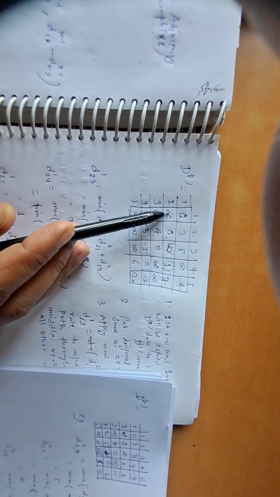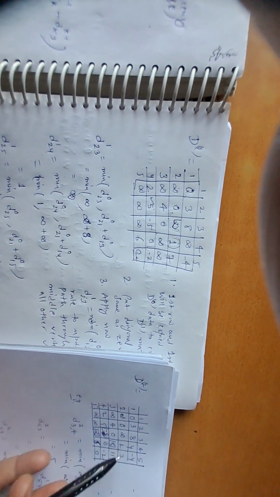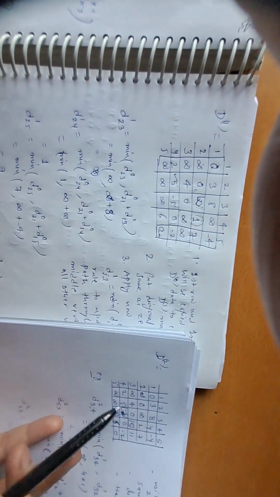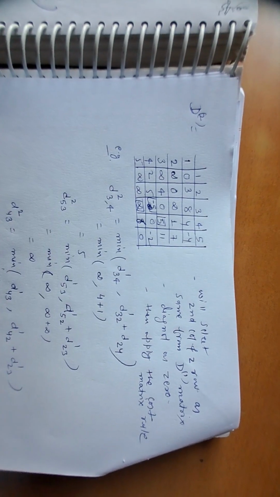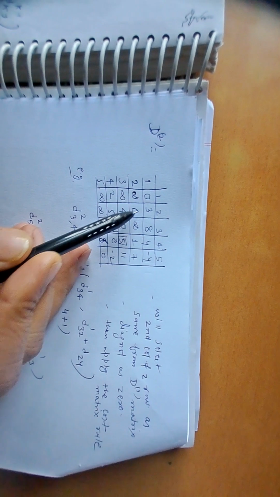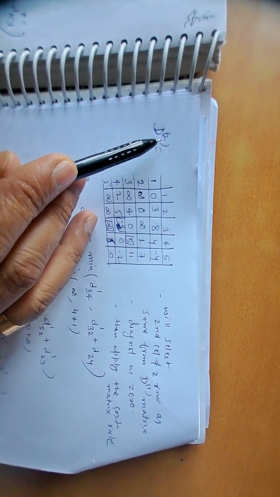The D1 matrix second row is infinity 0 infinity 1 7, so we have written it like this, and the second column was 3 0 4 5 infinity, so we have written it like this. So we got the second row and second column the same as the D1 matrix for D2. This is the first step.